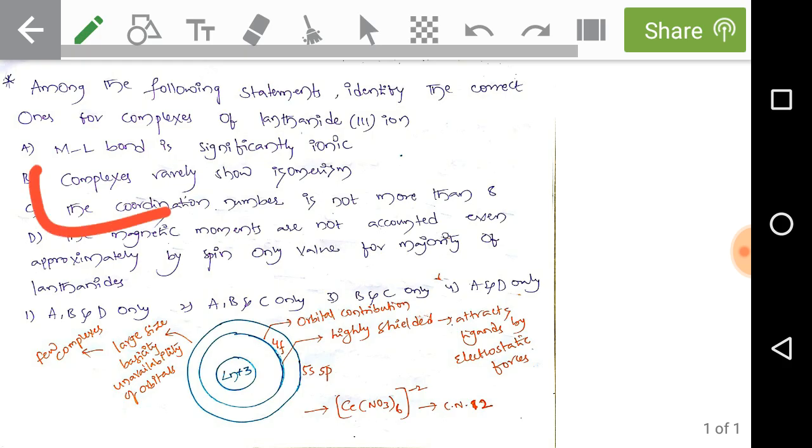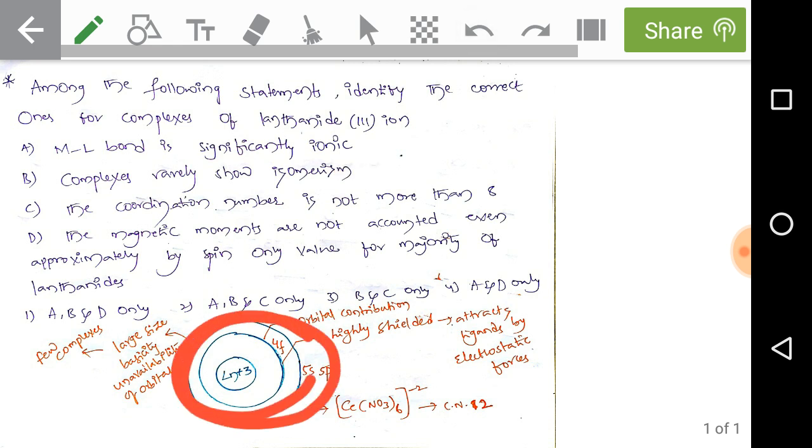Second one, complexes rarely show isomerism. Yes, this is also a correct statement, because the lanthanide ion size is large, and lanthanide ions are mostly basic in nature. And as we said, the 4f orbitals are buried in lanthanide plus 3 ions, so orbitals are unavailable.